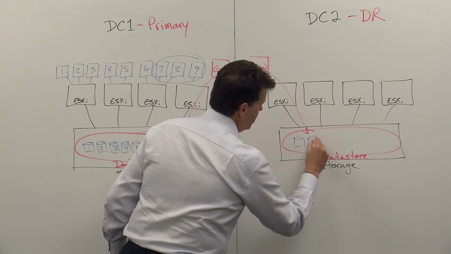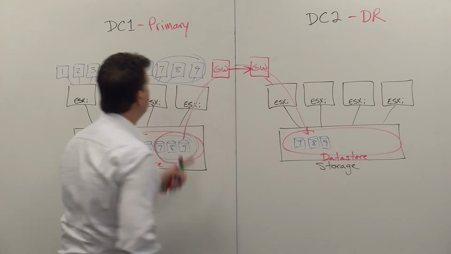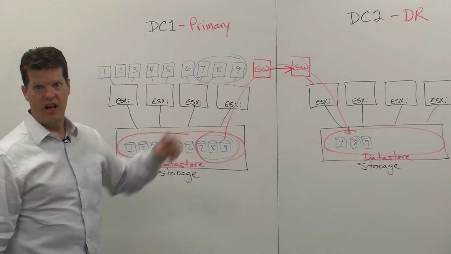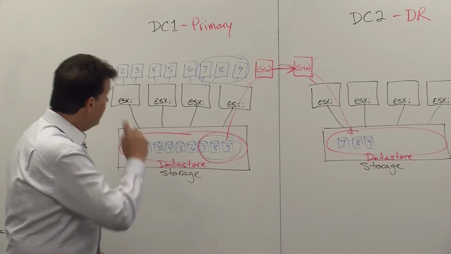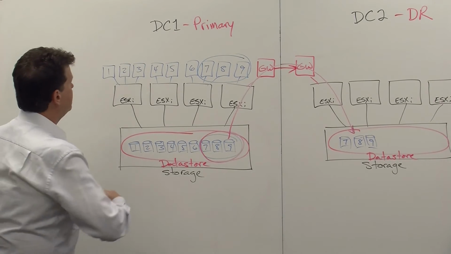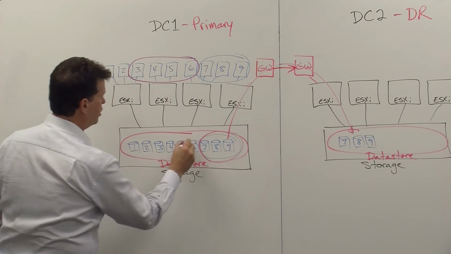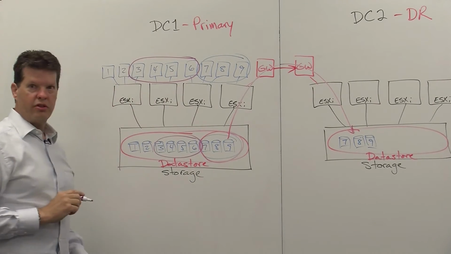So I will get disks 7, 8, and 9 associated with my virtual machines 7, 8, and 9. I can create other resiliency groups in the same set. Let's say I create a resiliency group with these 4 virtual machines, which would include these 4 disks.